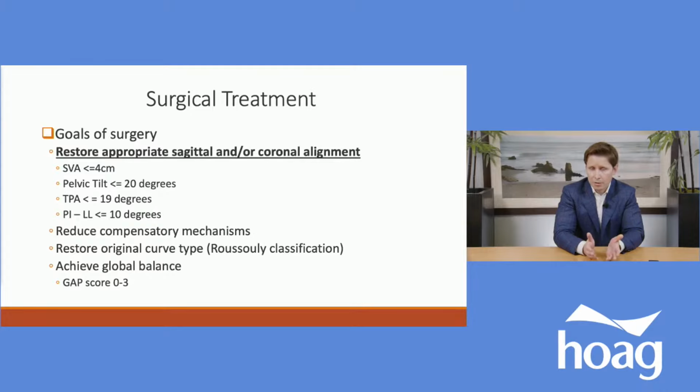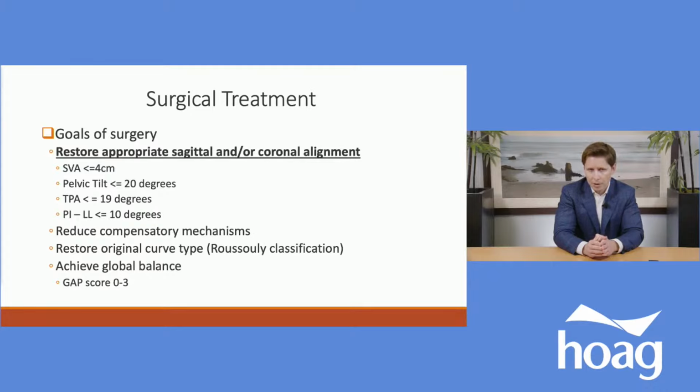And the first and foremost important goal of that is to restore the appropriate sagittal, and if a coronal deformity is present, a coronal alignment as well. You see here on the slide listed some of the goals that we're trying to look at as deformity surgeons.